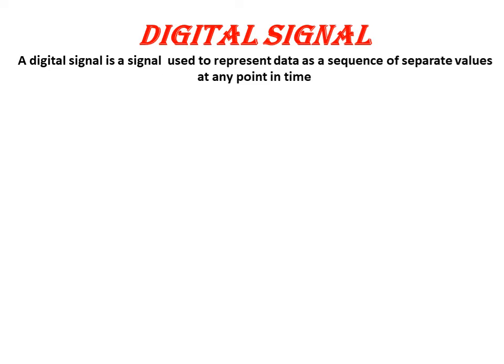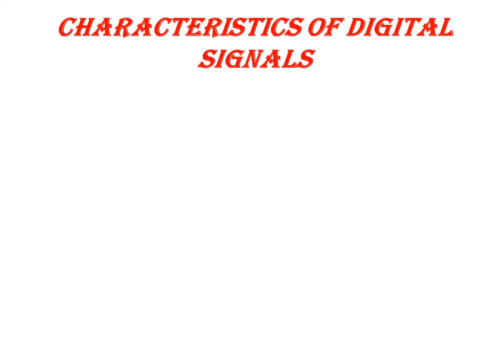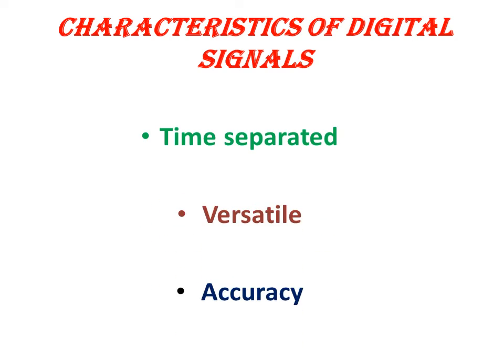This type of signal represents a real number within a constant range of values. These digital signals are discrete, meaning they are represented by 0 and 1. They also have some characteristics.